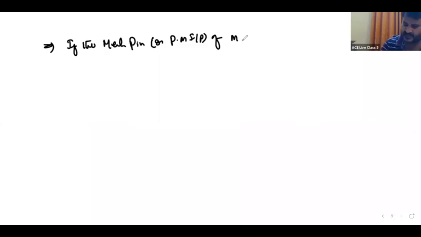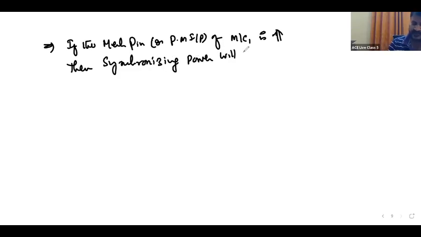If the mechanical power input or primary input of machine 1 is increased, then synchronizing power will come into the picture, which is active power.